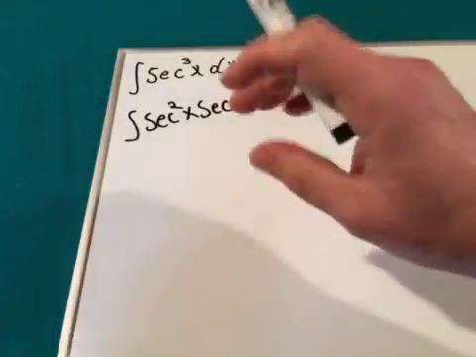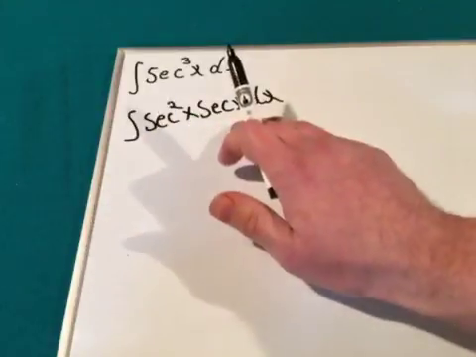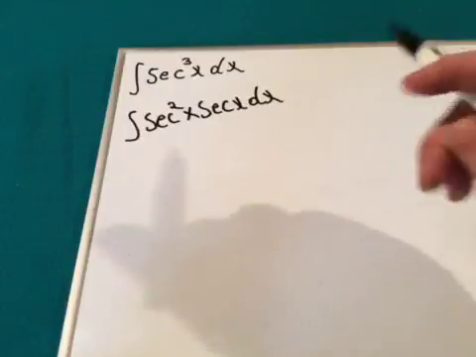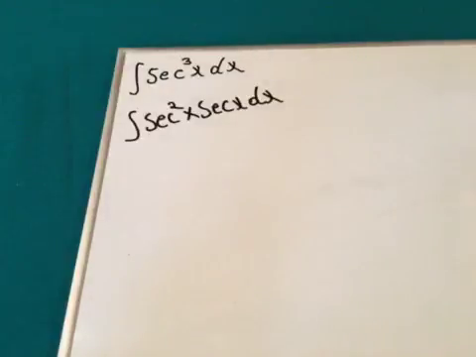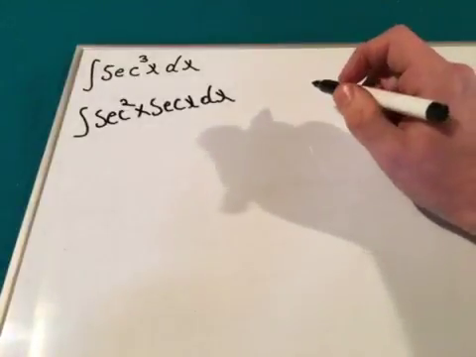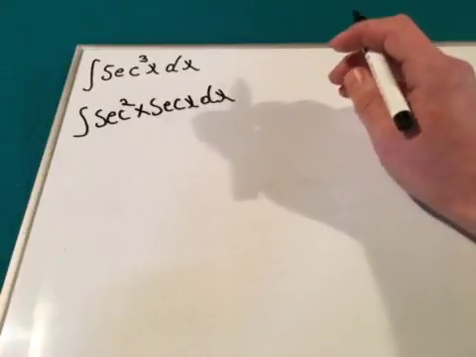And whenever you're taking an integral and you have a product inside of it, so you're multiplying two things inside of your integral, if you can't do an easy substitution, a really good technique to look at is integration by parts. So what is integration by parts?